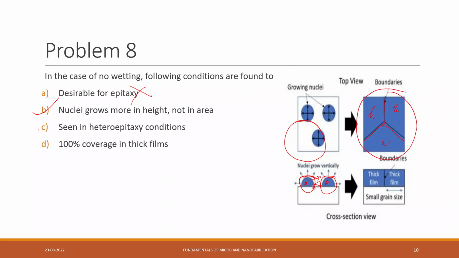So that's correct. And when 100% coverage is there, it forms a thick film, because these are growing radially. So that's the thing.